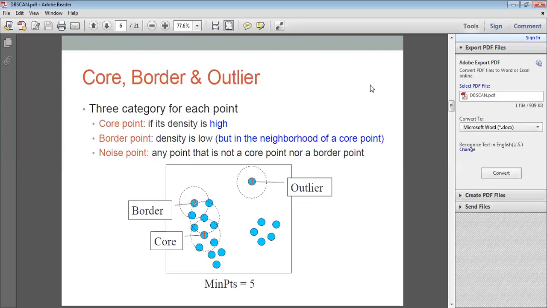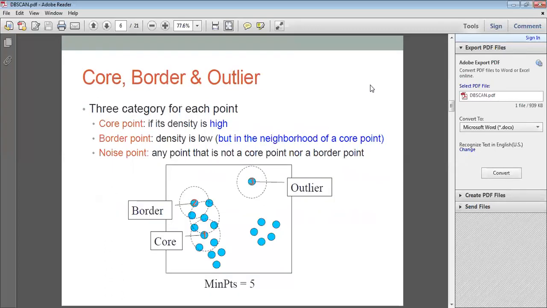The points which are neither core points nor border points are considered outliers or noise points. Here point number 3 is not a core point, nor does it have any core point in its neighborhood, so it would be considered an outlier.